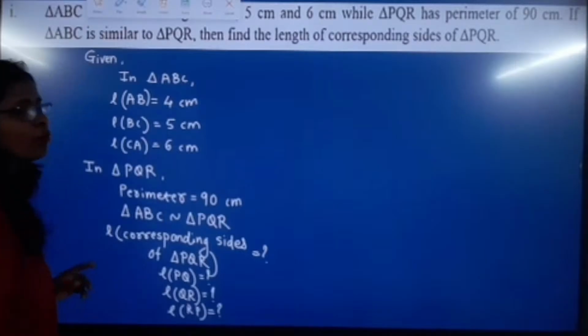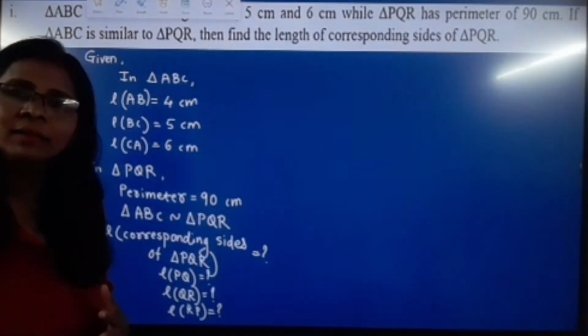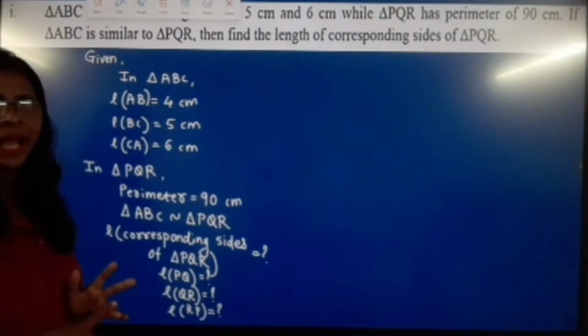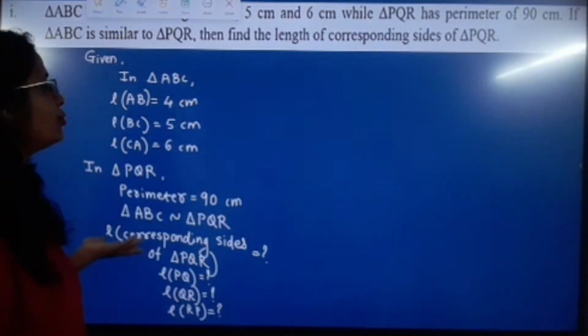The corresponding sides of the triangle PQR are PQ, QR and PR. Okay students, so we have to find out PQ, PR and QR. Okay, so how can we find out, students?